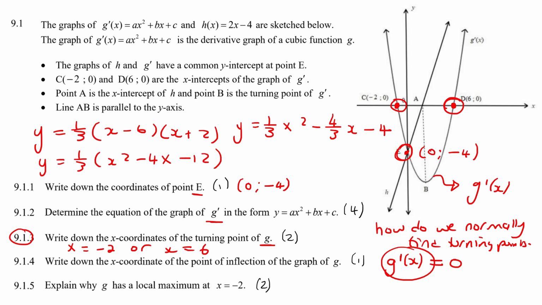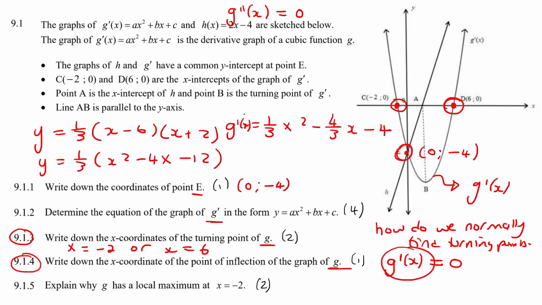This question says, write down the x-coordinate of the point of inflection of the graph of g. Okay, so we know that to normally find an inflection point, we need the second derivative, and we want that to be 0. So because we have this equation, remember this is our first derivative.